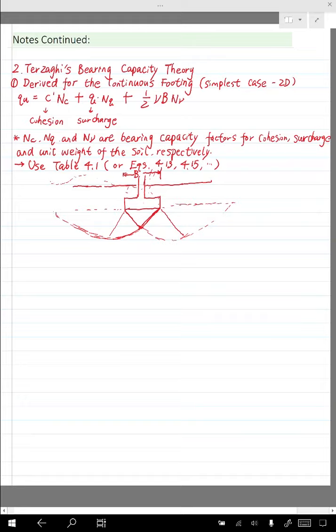So usually we have different names for these regions. This one is called a triangular zone. And these two are the radial shear zones. And these two are the passive zones.